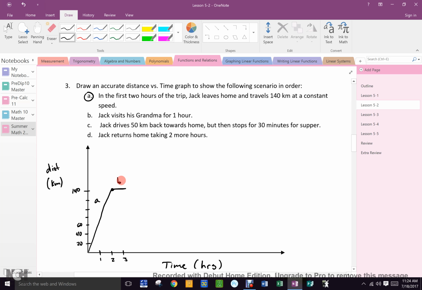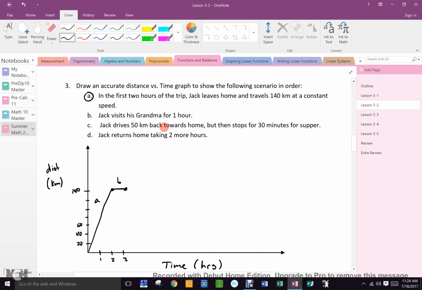All right, now, right here is where most of you are going to go wrong. What is the next part of the line? Where do I go from here? I need to go 50 kilometers back towards home and then stop for supper. There's a couple of things wrong with this. One, I do not say how long it takes to drive that 50 kilometers, do I?